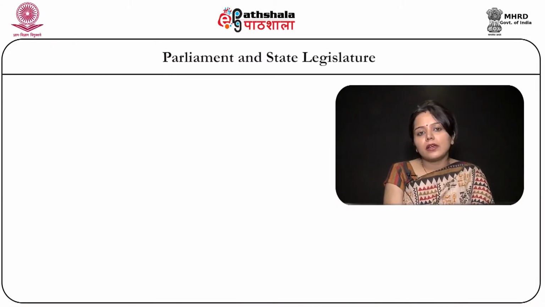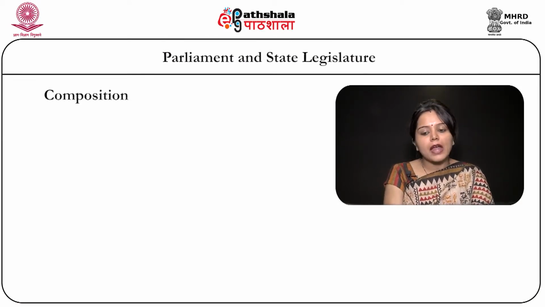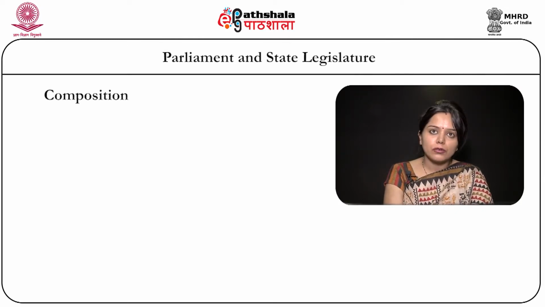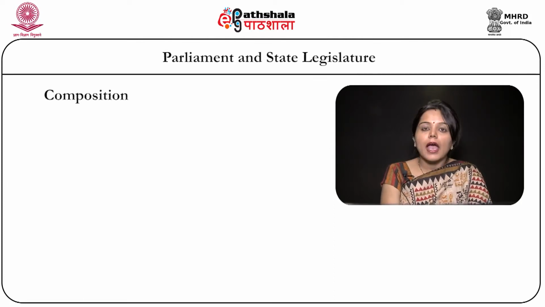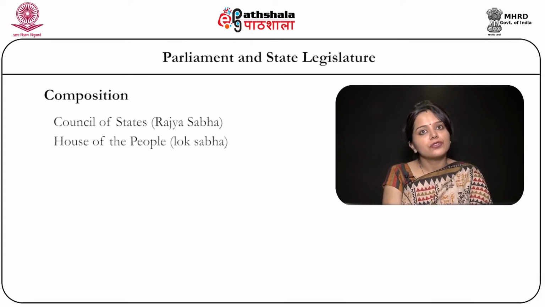So, students, after discussing the Indian parliamentary system, I would like to explain the composition of the union parliament and the state legislature. As we know, the bicameral system of the union parliament has two houses, the Council of States, Rajya Sabha, and Lok Sabha, which is known as the House of the People.